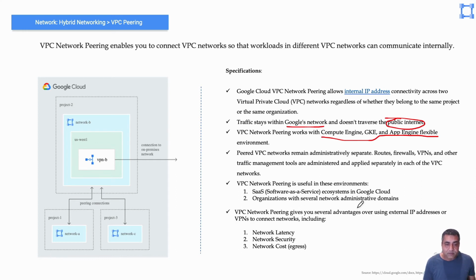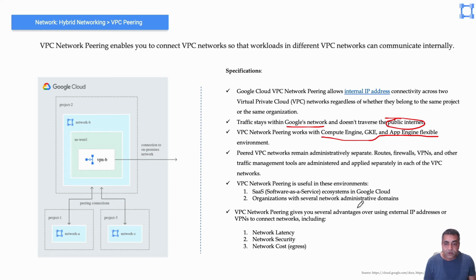Then the last one is that it gives you several advantages. A lot of these things you can achieve by using external IP addresses, because once you have an external IP address, outside systems or any other system can access you, but the traffic will come through the internet.